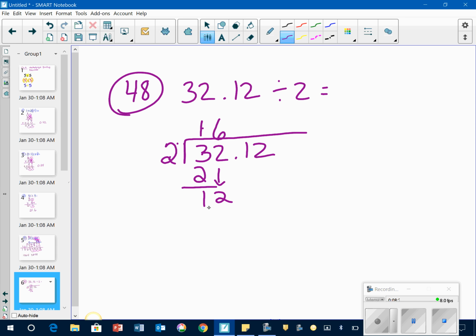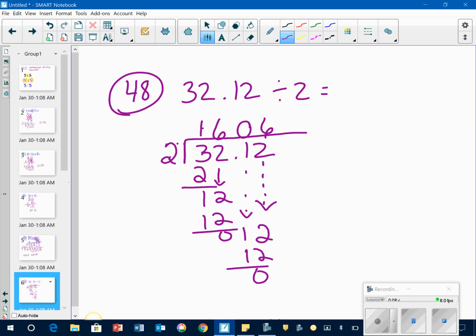6 times 2 would be 12. 0, 1, bring down your 1. 2 doesn't go into 1, so we'd have a 0, and then we're going to bring down the 2. So we have 12. Again, 6 times 2 would be 12. And so we have an even number there.